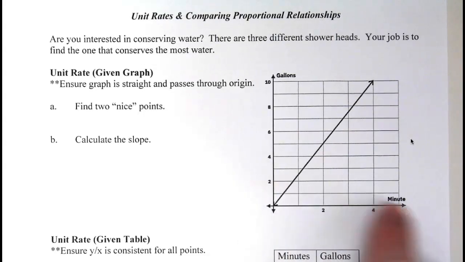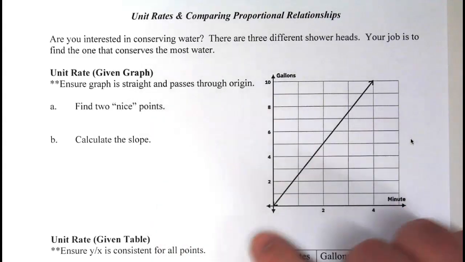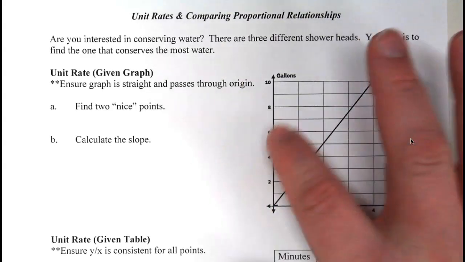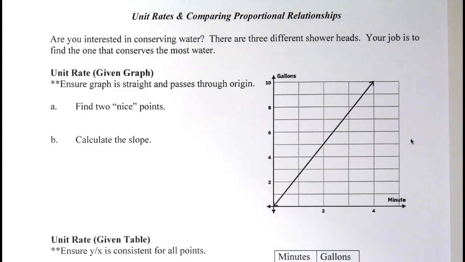We have minutes along the x-axis and gallons along the y-axis. So this is representing gallons per minute. And you'll find that that's the most common way; if you ever have to purchase a shower head, or even sometimes if you look at your own shower, it might be listed on there in little writing how many gallons per minute it uses.